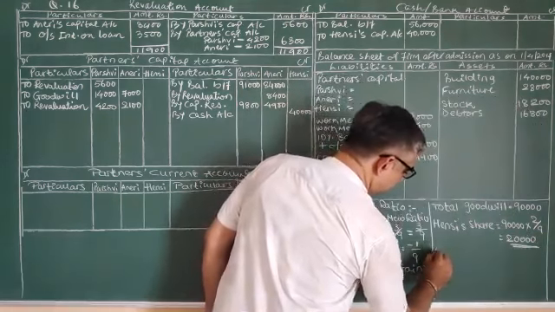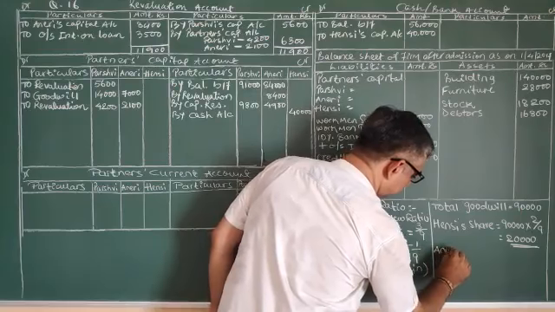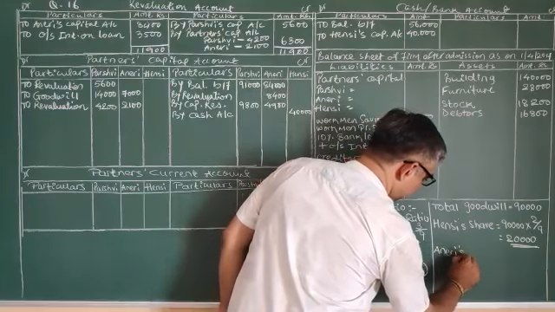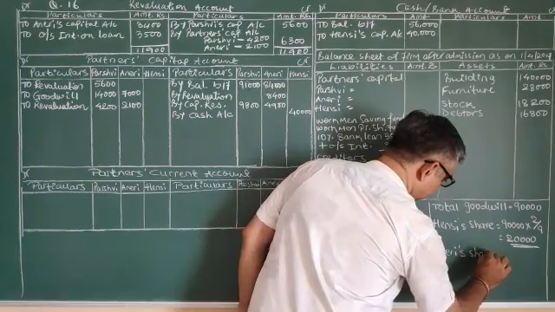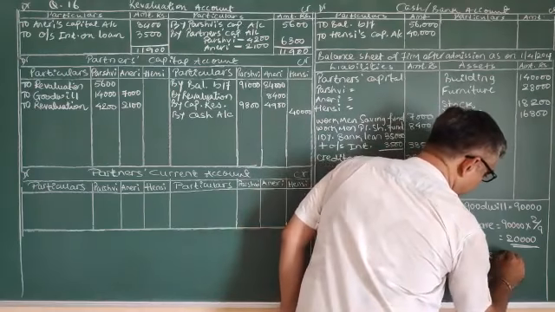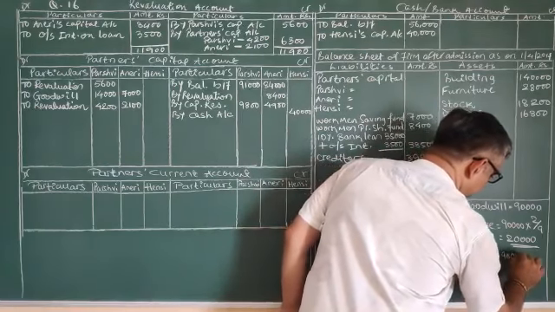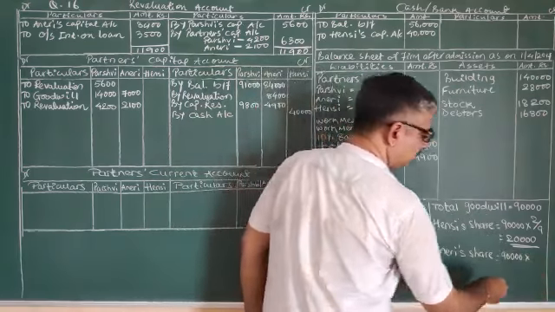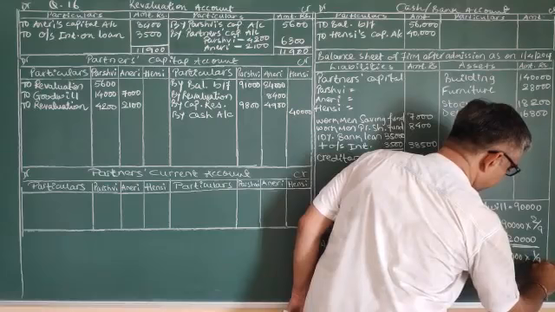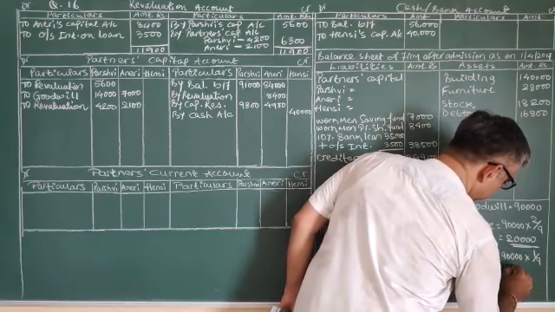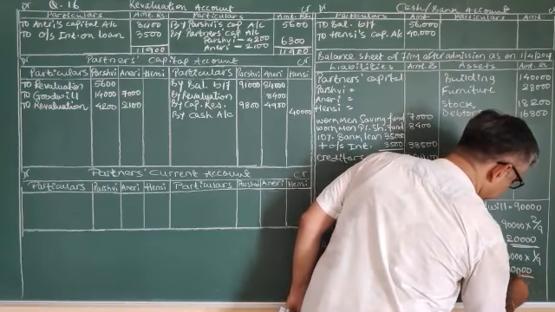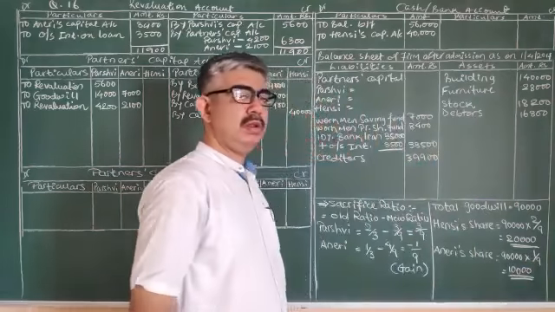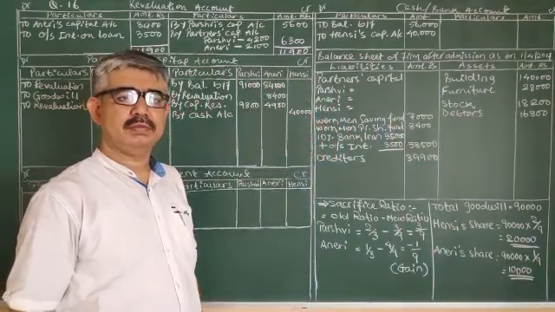Then unary's share, again 90,000 into whatever gain she is having, 1/9, 10,000. Is there any problem?